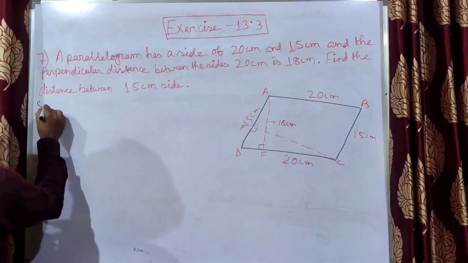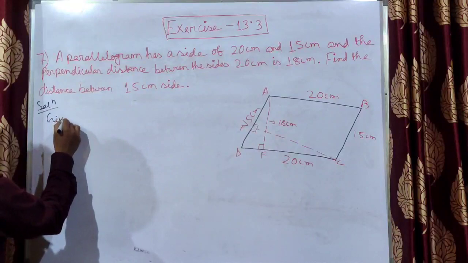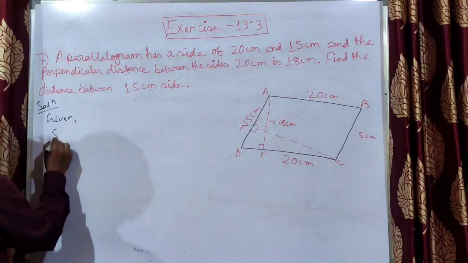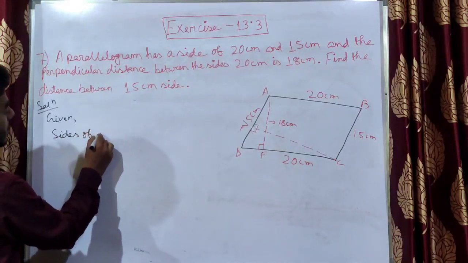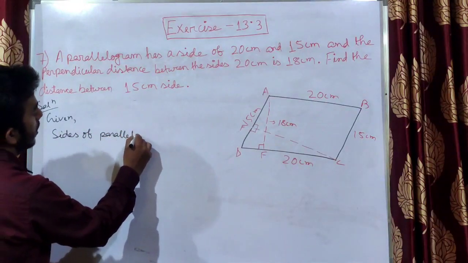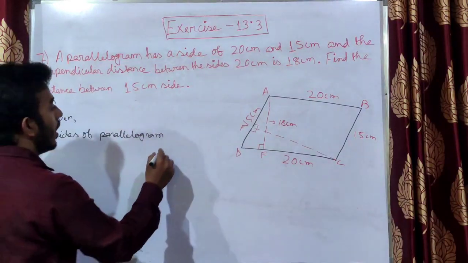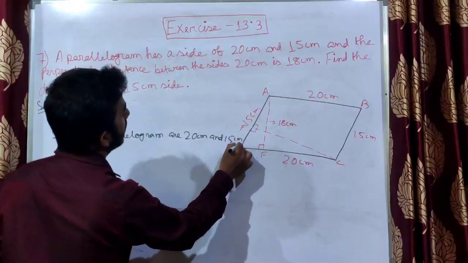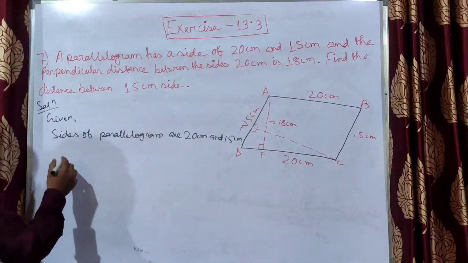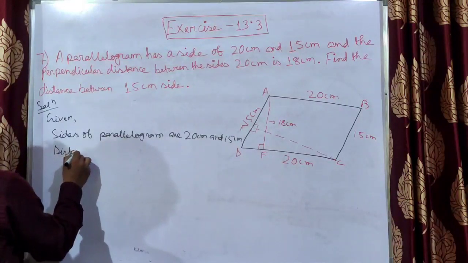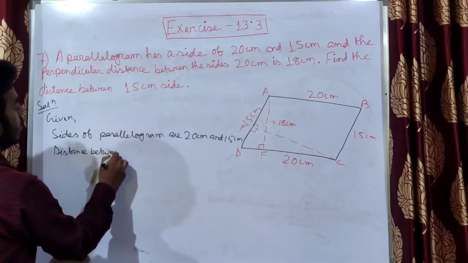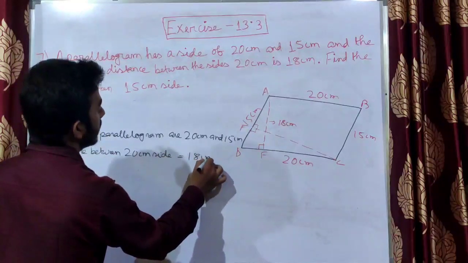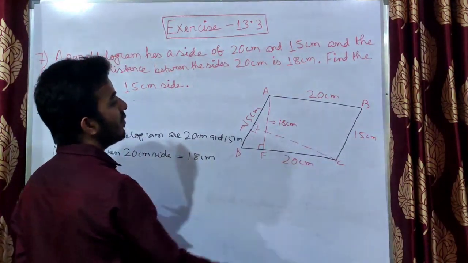Solution: given, the sides of the parallelogram are 20 centimeter and 15 centimeter, and the distance between the 20 centimeter sides is equal to 18 centimeter, and we have to find the distance between the 15 centimeter sides.